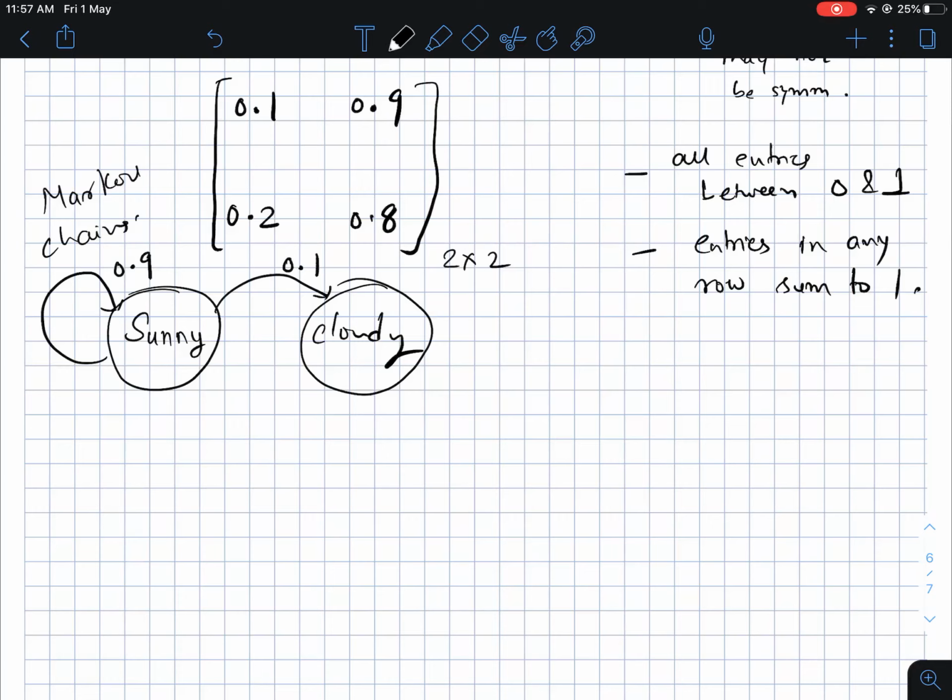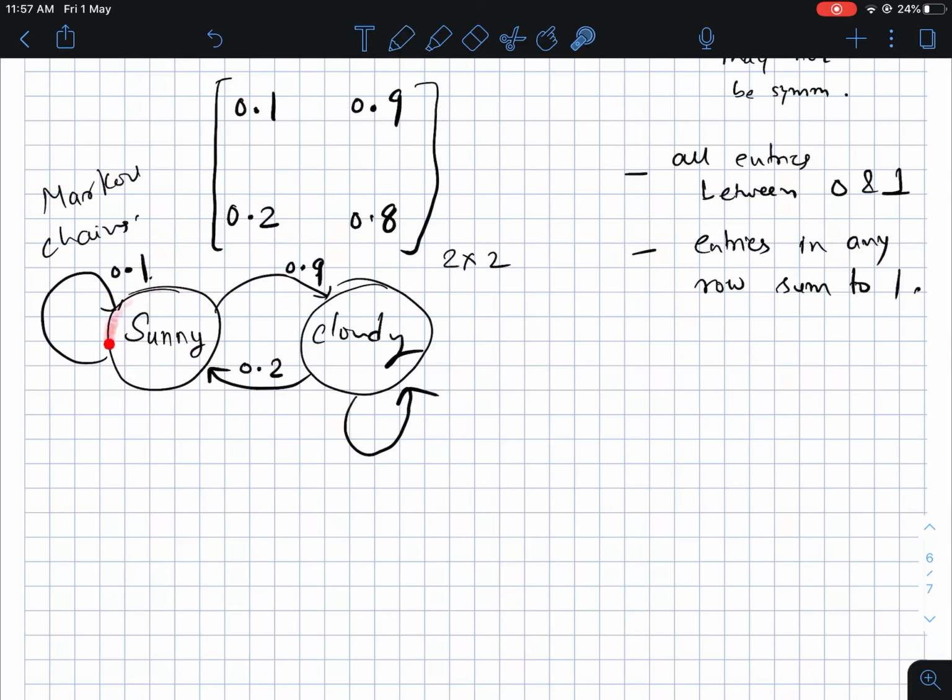And if the weather is cloudy today, it could get sunny tomorrow, represented by this arrow, with a probability of 0.2, or it will stay cloudy. Let me modify these things a bit. I'll call this 0.9, this 0.1.